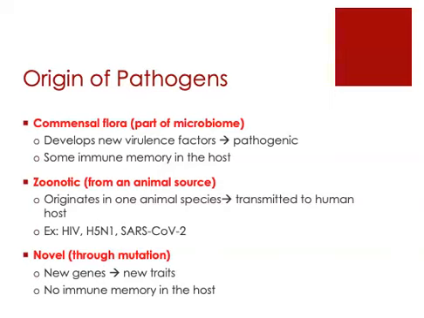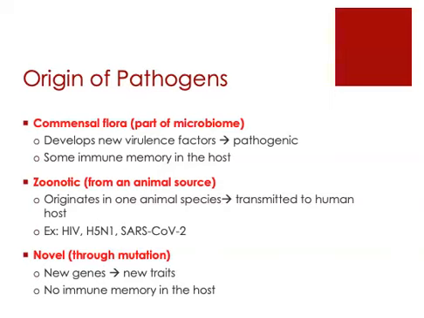Another origin term that you'll hear is this word zoonotic, and that word just refers to an animal. So a zoonotic pathogen is one that comes from an animal source. And again, this happens through mutation events, where the pathogen that originates in one particular animal species mutates and gains new traits that allow it to be transmitted to humans.